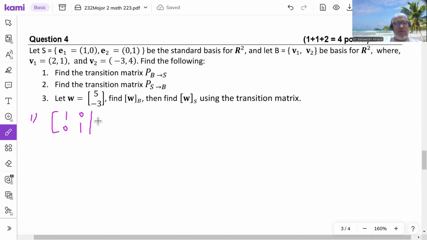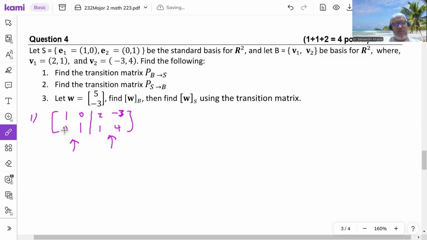Then we write a vertical bar and we write B. B consists of B1, which we write as a column, and B2, which we write as another column. And we work with this matrix. We change the matrix on the left to the identity matrix. When we change it to the identity, this would be the transition matrix.